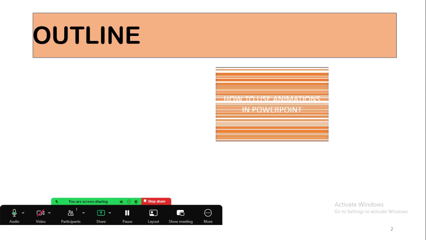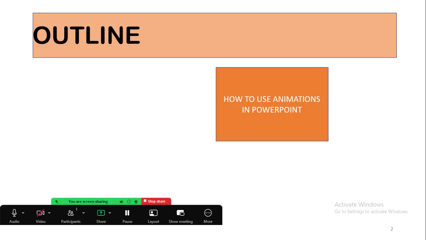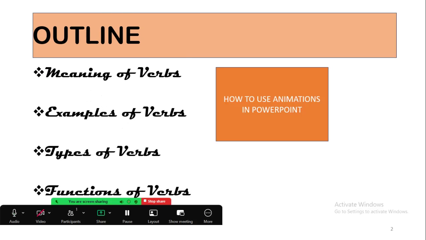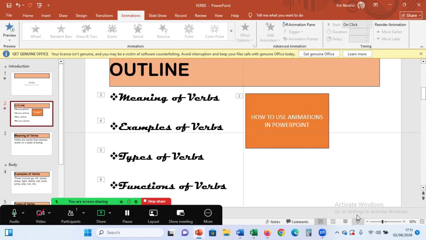So it is the shape that will appear next, 2. And then you click again, your 3, you click again, 4, click again, 5, click again. That is it. So this is how we can make use of the animations tab.